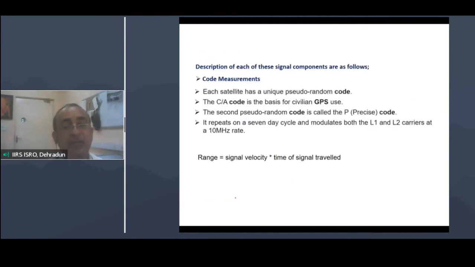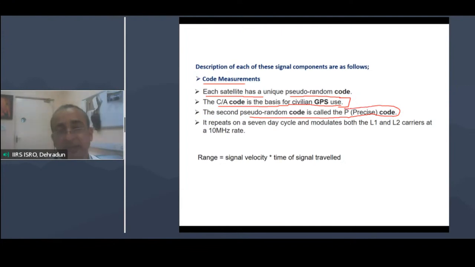Looking at the description of these signal components, specifically for the code measurement, each satellite has a unique pseudo-random code. The CA code is the basis for civilian GPS use. It is very commonly used by civilian users and is open to civilian users worldwide. The second pseudo-random code is called the P code, or precise code. It is restricted and not open to civilian users.